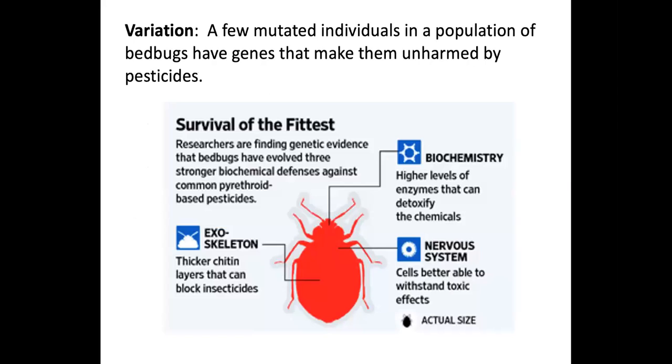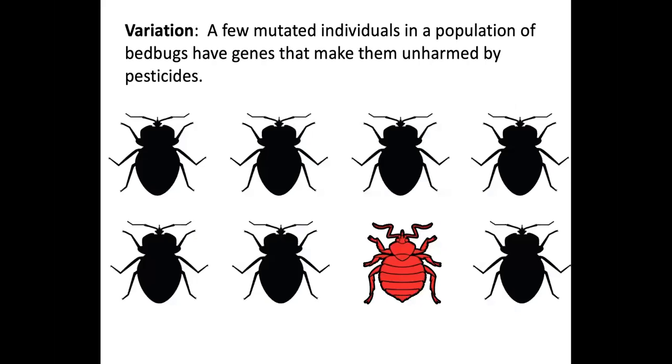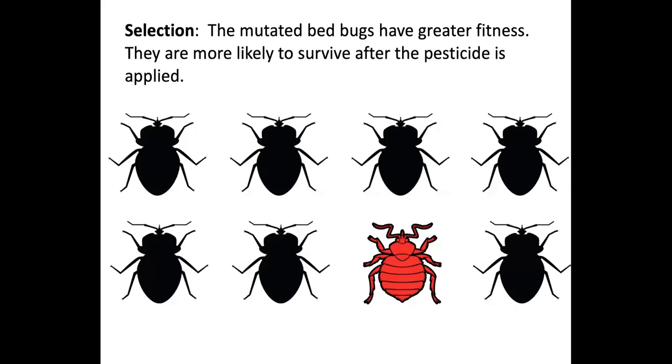So first we have a few mutated bed bugs. So like I said, it's going to work and look just like antibiotic resistance. So here, your black ones are your normal bed bugs, okay? And the red one is your mutated bed bug. So we are going to see what happened over time.